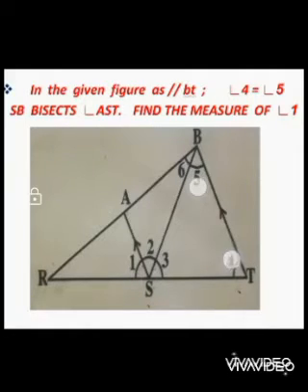Both are equal. And SB bisects AST means it divides the angle into two equal parts. So angle 2 is equal to angle 3. So now we have to find out the measure of angle 1.